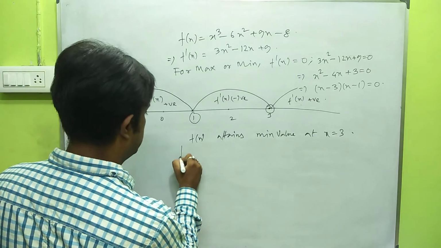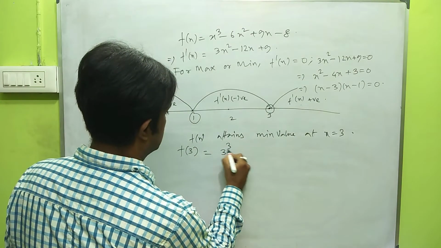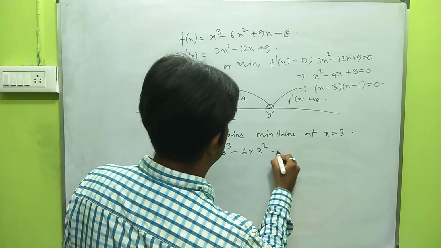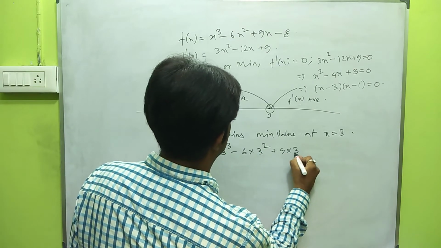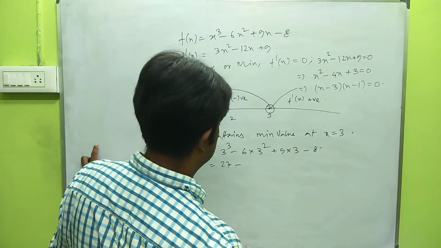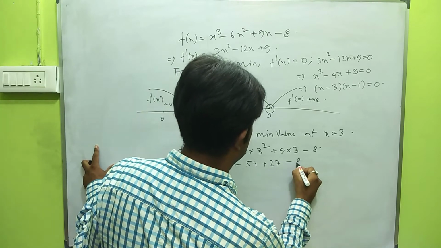So what is the minimum value? F of 3 will be 3 cube minus 6 into 3 square plus 9 into 3 minus 8, 27 minus 54 plus 27 minus 8.